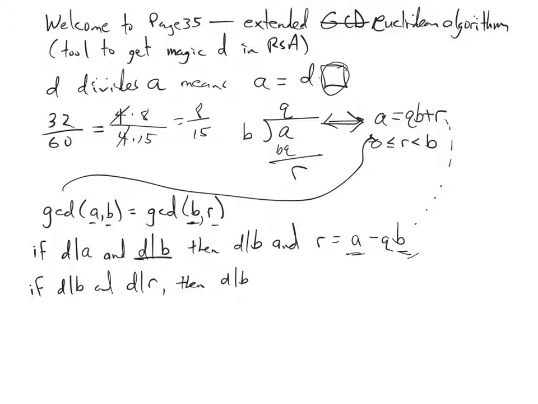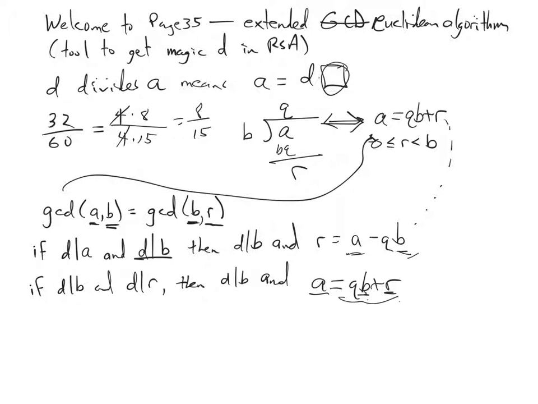If D divides B, D divides B, but now we want to prove that D divides A, but A is equal to QB plus R. Oh, so this is the easy direction. So if D is a factor of B and a factor of R, then it's also a factor of that combination of them, which will be a factor of A. So that was pretty quick and dirty. If this were discrete math, we might have done it a lot more carefully.